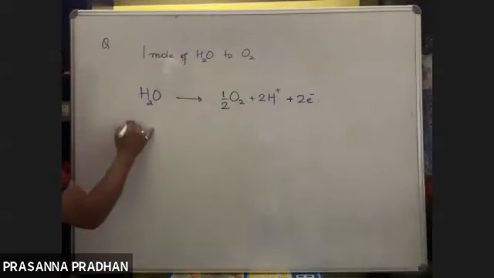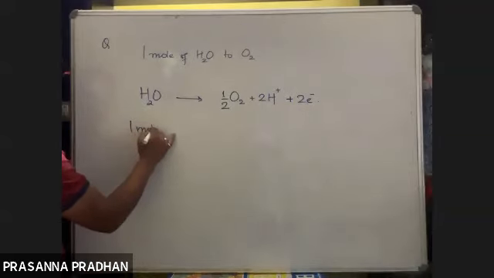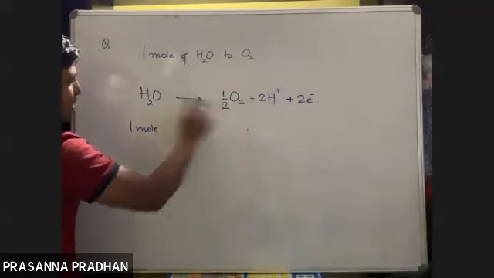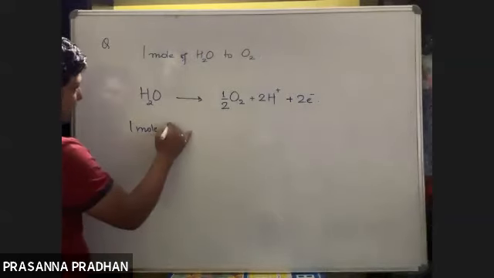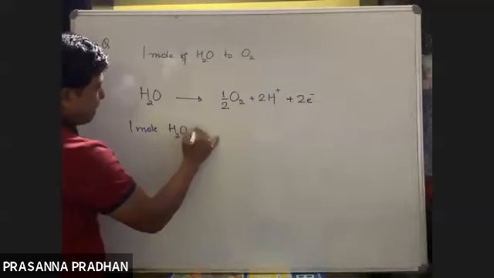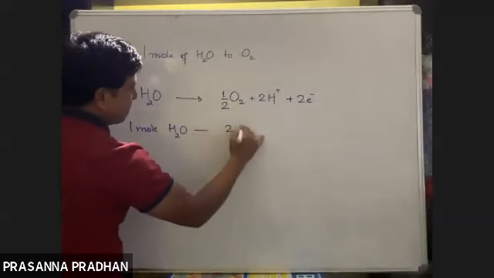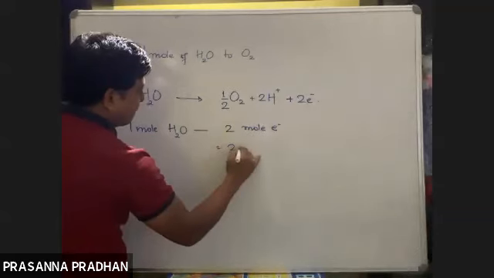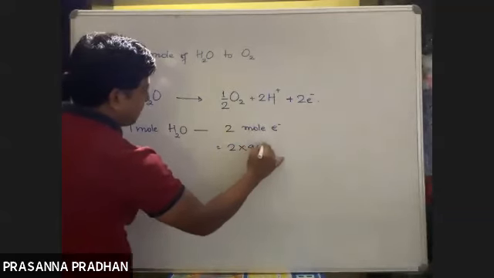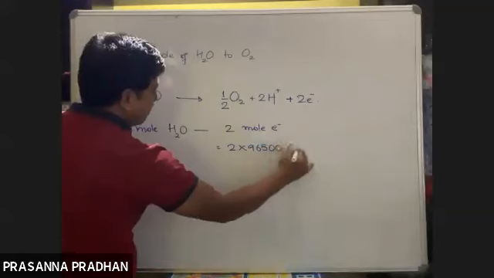So 1 mole of water to get oxidized to oxygen. I'm not saying 2 mole. The question says 1 mole of water, so I kept 1 out here. 1 mole of water requires how many moles of electron? 2 mole of electron. 2 mole of electron means what amount of charge? 2 into 96500 coulomb of charge.